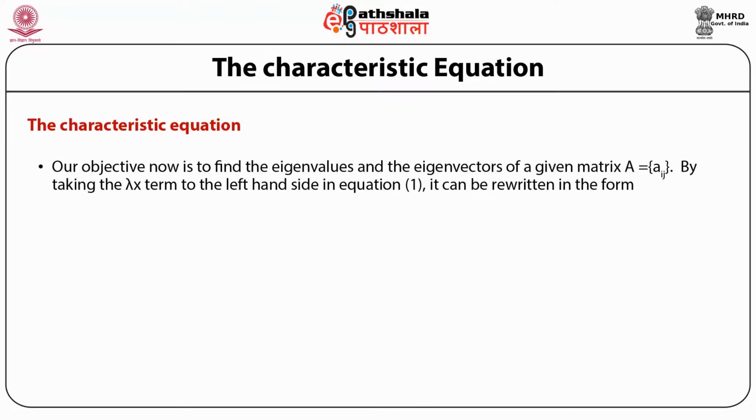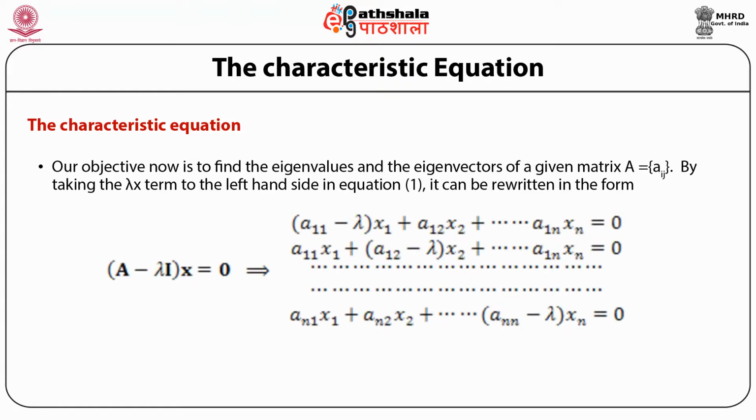We next discuss the characteristic equation. Our objective is to find the eigenvalues and eigenvectors of a given matrix A, which is specified by Aij. By taking the lambda x term to the left hand side in equation 1, it can be rewritten in the form A minus lambda times identity matrix into matrix X is equal to 0, which implies equations of the form A11 minus lambda into x1 plus A12 x2 plus so on till A1n xn is equal to 0.